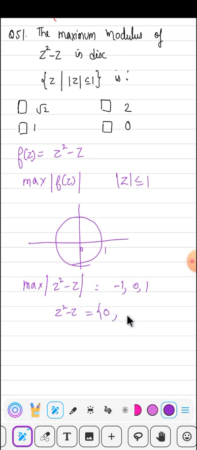If you put 1 you will again get 0. If you put minus 1 then you will get 2. Or you check on other points like iota, minus iota, or anywhere in between, and you will find the maximum of mod of z squared minus z is 2, right?